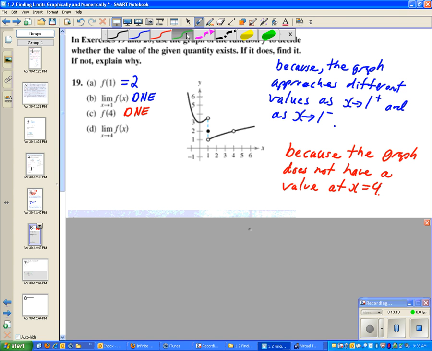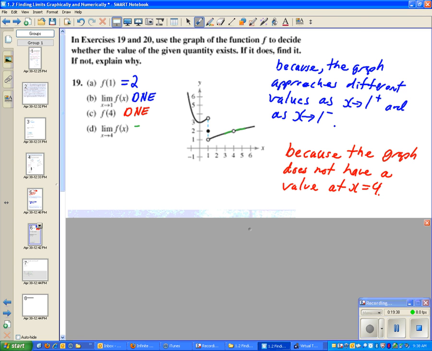We need the limit of f of x as x approaches 4. What do you think it is? The limit is 2. As x approaches 4 from the left of 4, the y-coordinates approach 2. As x approaches 4 from the right of 4, the y-coordinates approach 2. The y-coordinate does not equal 2 when x equals 4, but it's sure approaching it.